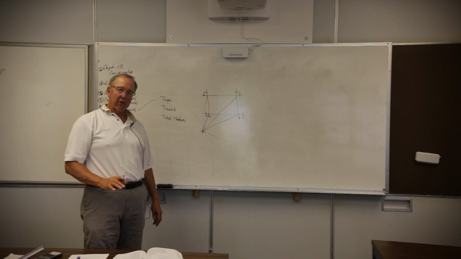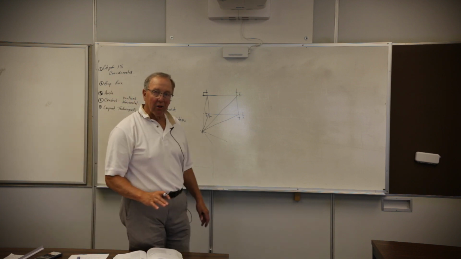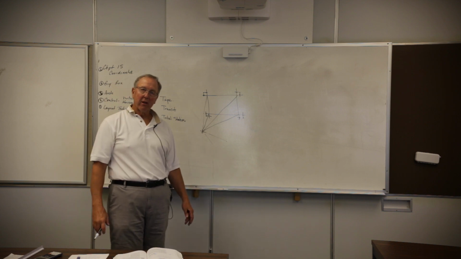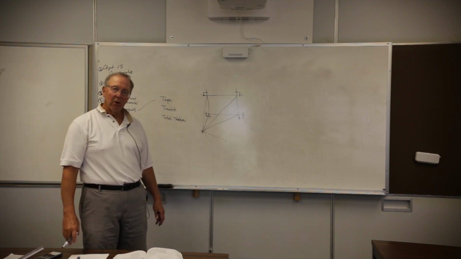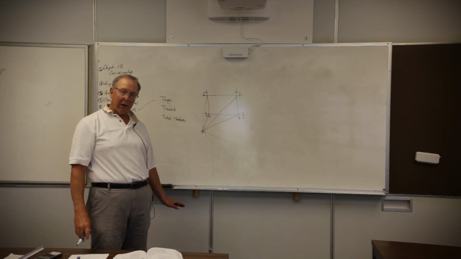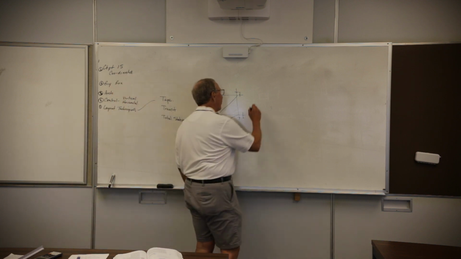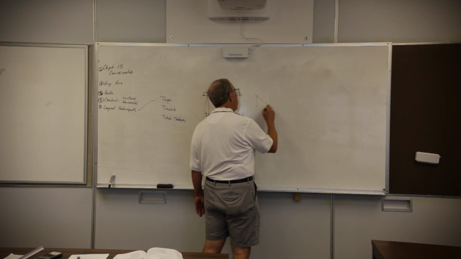So don't limit yourself to the fact that if it's an angle, it has to be a transit or a total station. I can lay out any angle in the world, and we have triangles that you probably should keep in your head. I'm sure you know this one from a lot of different sources.